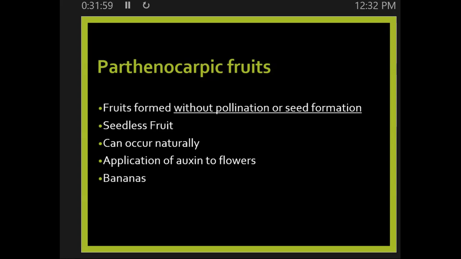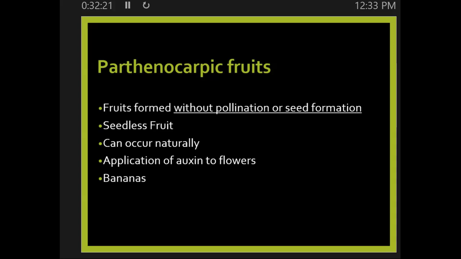Now, it's big business because in general, humans don't like to mess around with seeds when they're eating, especially if they're larger seeds. So seedless fruit is big business, and we like that, we pay for it. And so bananas, of course, are a good example. Sometimes you see little remnants of seeds in the banana flesh if you look carefully. But there's all kinds of seedless fruit.